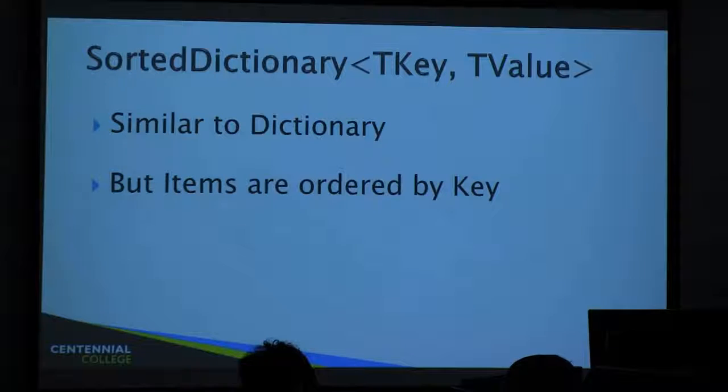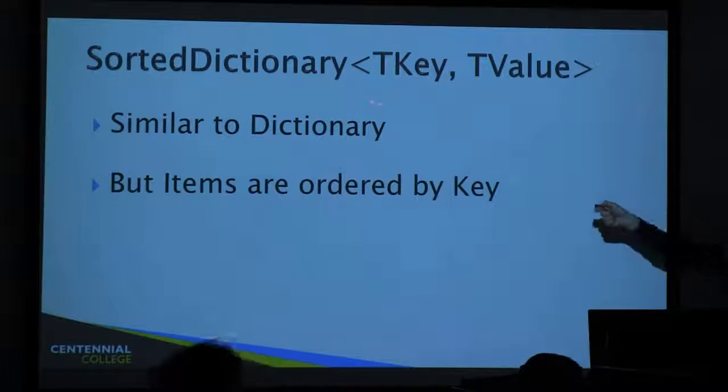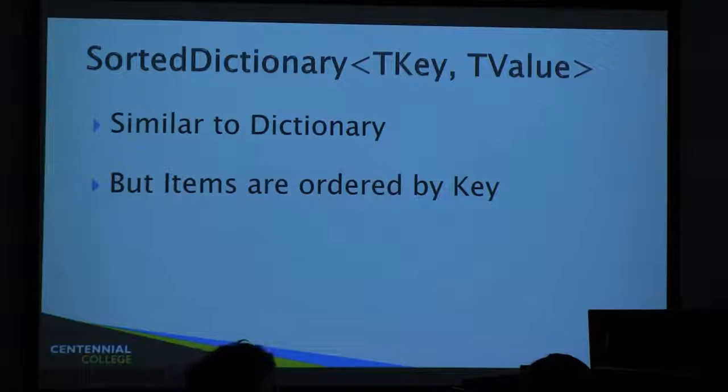There are only two differences compared to the dictionary. One is, of course, the name: this is called sorted dictionary, the other is just called dictionary. The other difference is that as we add items to this dictionary, it will change its ordering, because it will be sorted by whatever the key is.